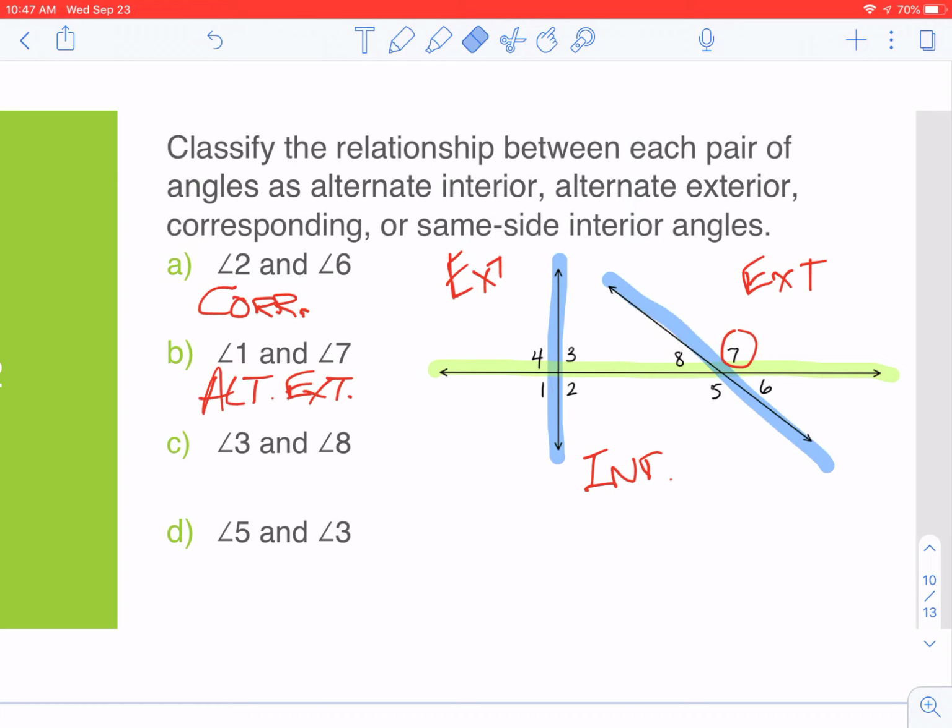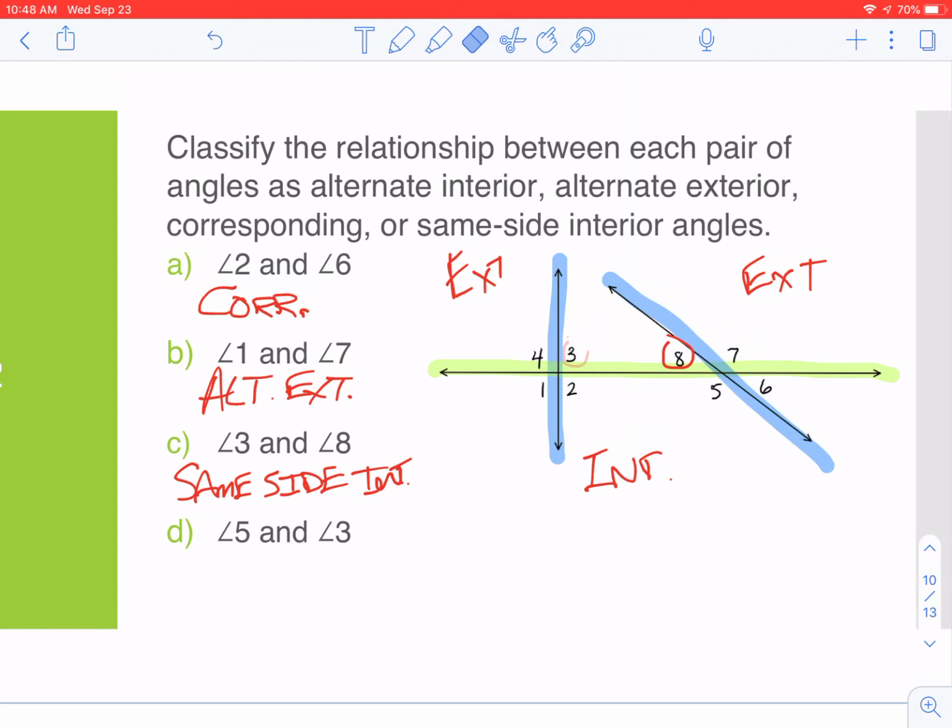Okay, let's go with 3 and 8. I circle 3, I circle 8. They are on the same side of the transversal, the green line, and they are both interior, inside. So I call those same side interior.